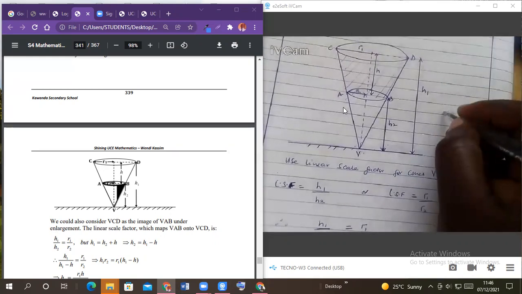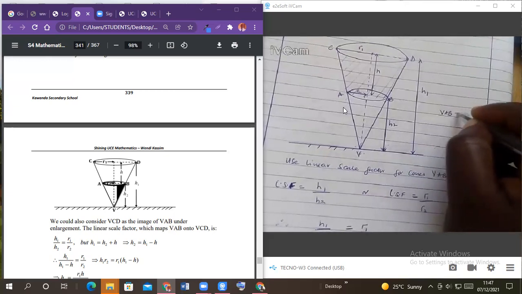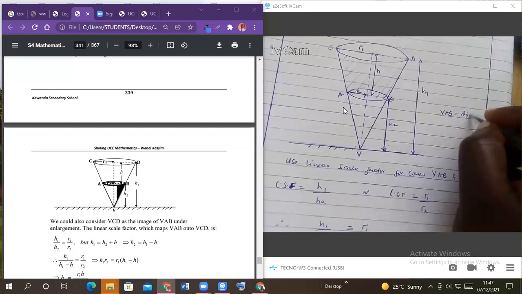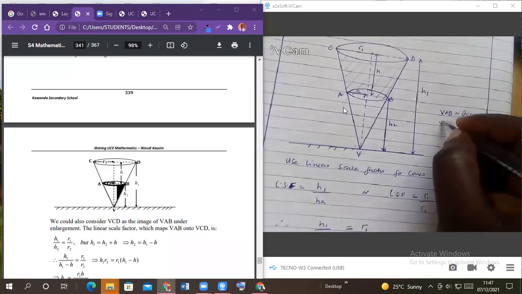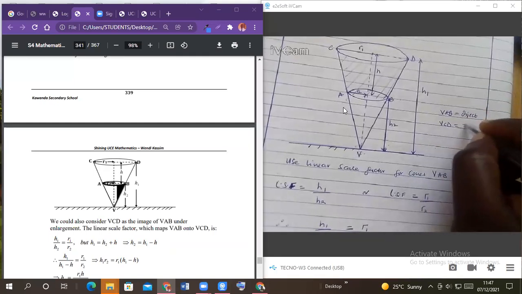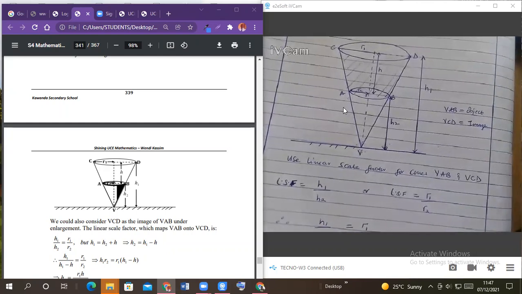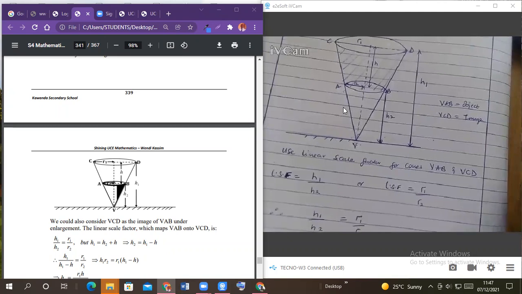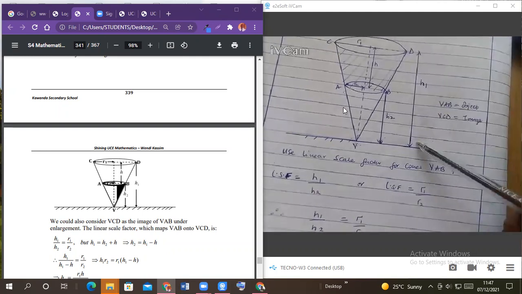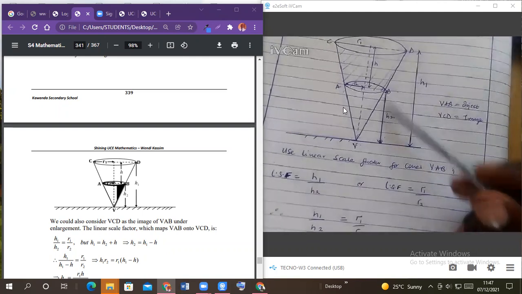Whereby they have said VAB is the object, and then VCD is the image. So even in physics, I've told you, you get the height of the image over the height of the object. So the height of the image is h1 over the height of the object, which is h2.